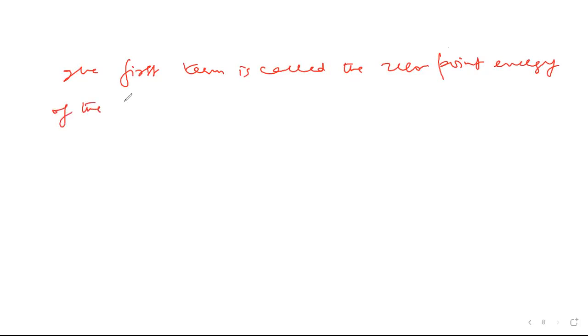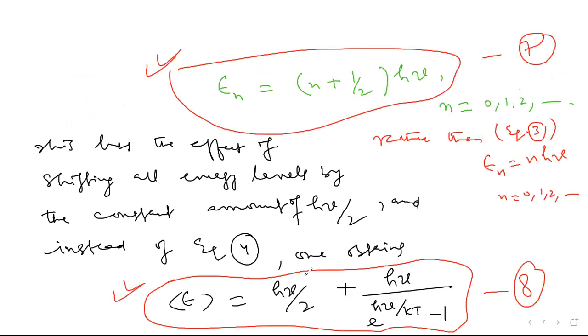The first term is called the zero-point energy of the oscillator, because the average energy is equal to h nu by 2 for T equal to 0.